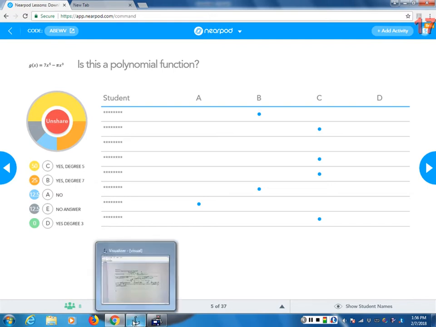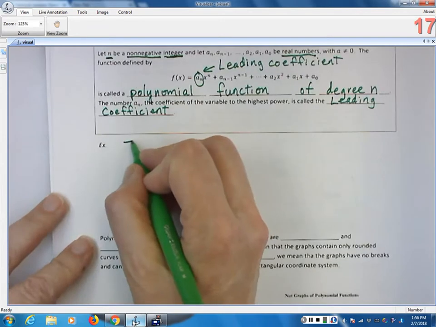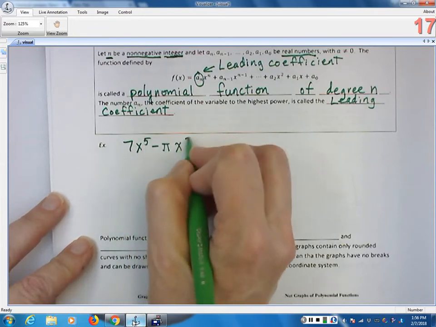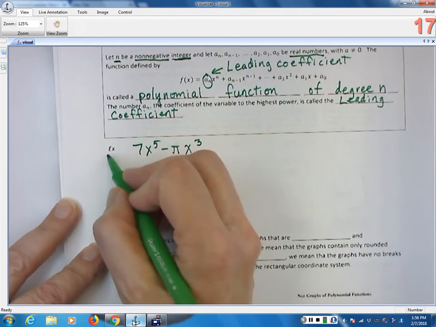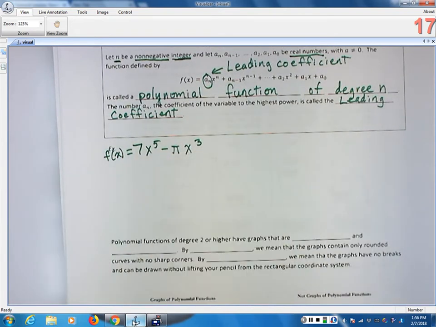So we're going to write on my paper 7x to the 5th minus pi x to the 3rd. That was f of x equals, or whatever it could have been. Is that a polynomial function?